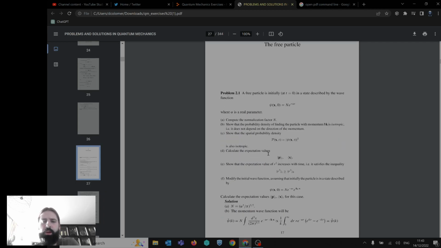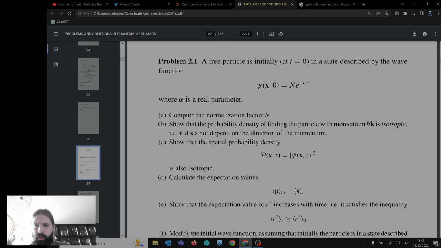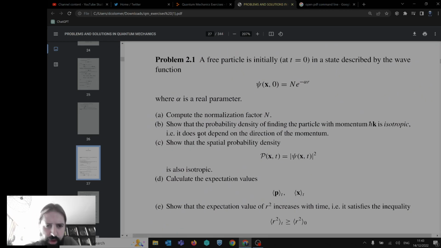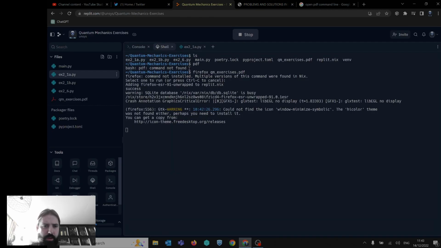We were doing the normalization factor thing, the probability density. The probability density of finding the particle with momentum is isotropic, does not depend on the direction. So that's for sure what we're doing.